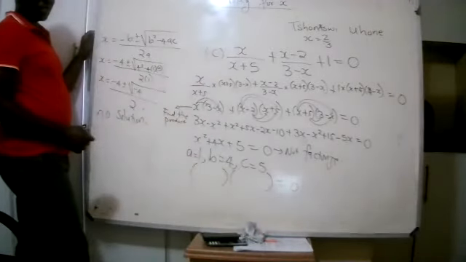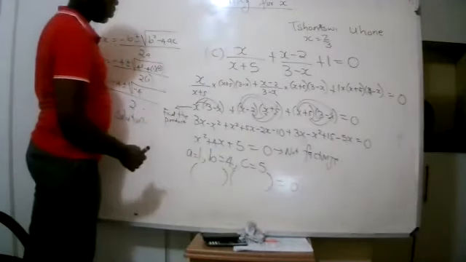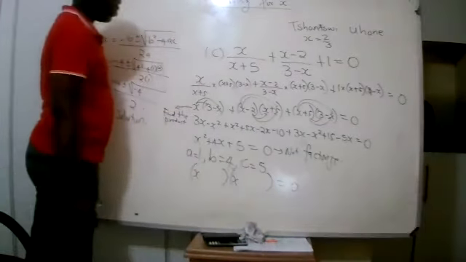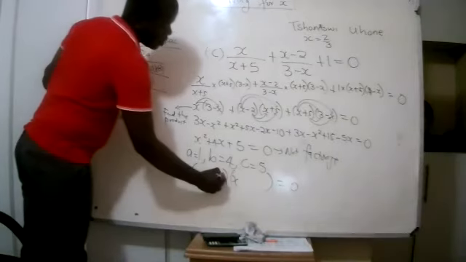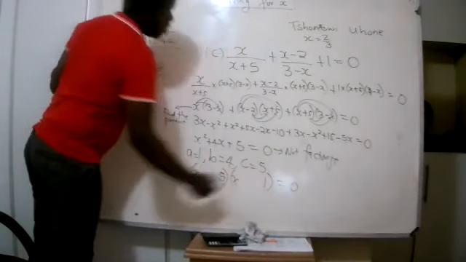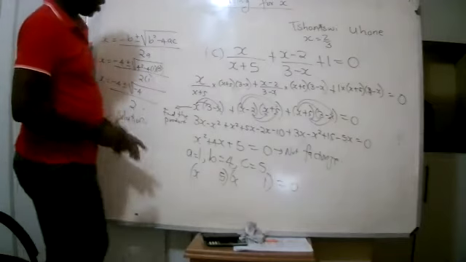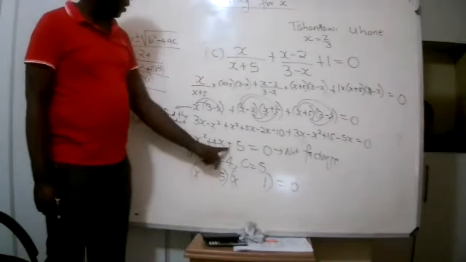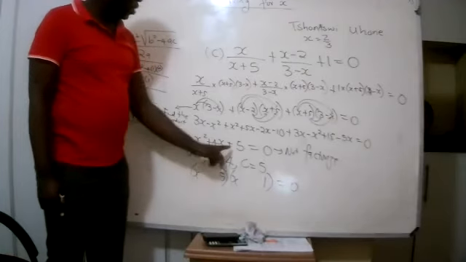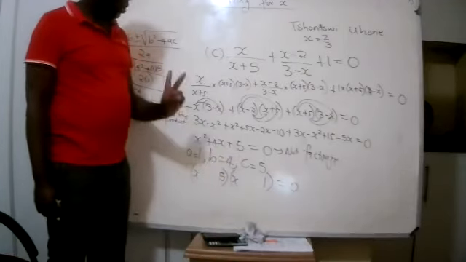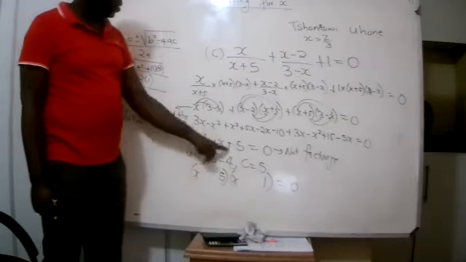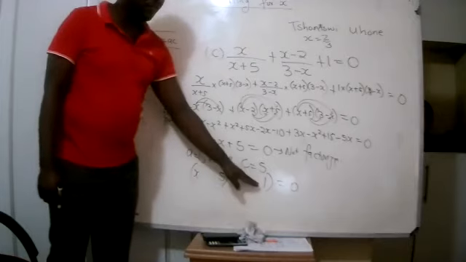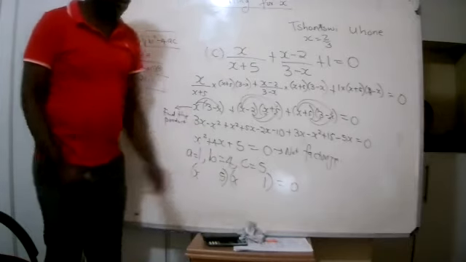Let's test factorization. You will see we're not going to get what we are looking for if we factorize. What are the factors of 5? It's 5 and 1. There are two scenarios: both positive, or both negative.